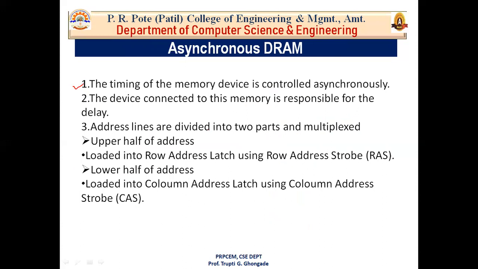That is, the system clock does not coordinate or synchronize the memory accessing. So when accessing the memory, the value appears on the input or output bus after a particular time. Personal computers first used asynchronous dynamic RAM. Here this particular memory is not connected to the system clock, so there is always a delay in asynchronous dynamic RAM.